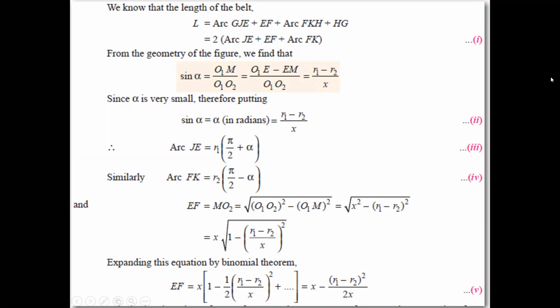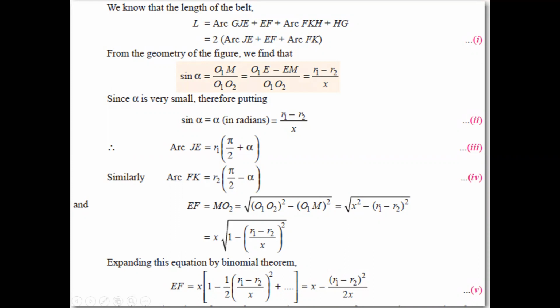So that is the binomial theorem. So finally, to write the EF value: x minus (R1 minus R2) whole square by 2x.